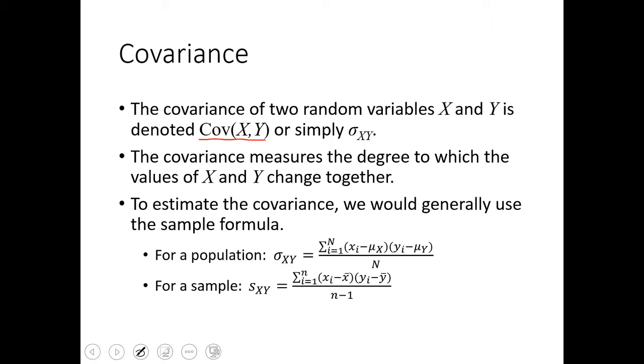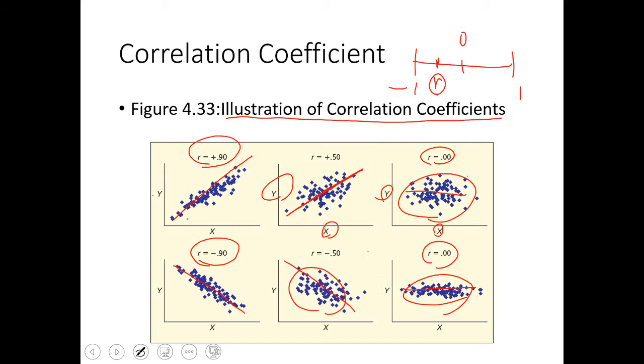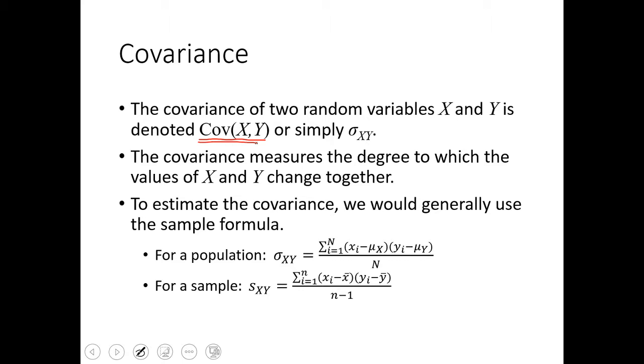Covariance is very similar to correlation, but correlation is normalized, so correlation always has a value between -1 and 1, but covariance does not have that normalized effect. So correlation is just calculated by this equation. Here the denominator is exactly the same as correlation.